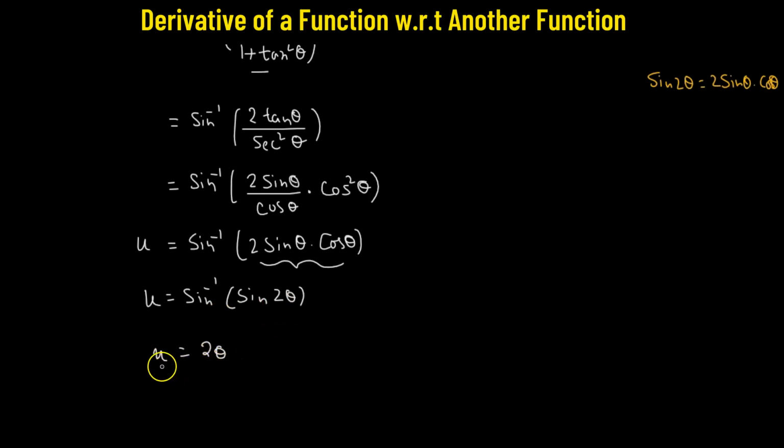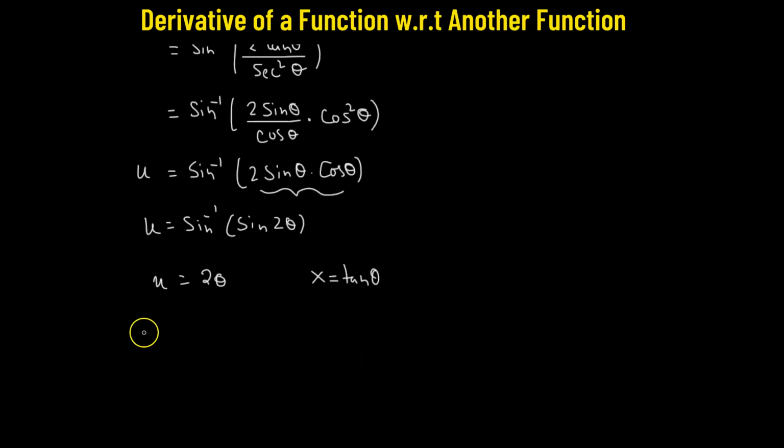Here u is a function of theta because we have made the substitution x equals tangent of theta. Now if we bring back theta and write it in terms of x, then our function u will be equal to 2 times inverse tangent of x. So this is the simplified form of u, which is 2 times tangent inverse of x.